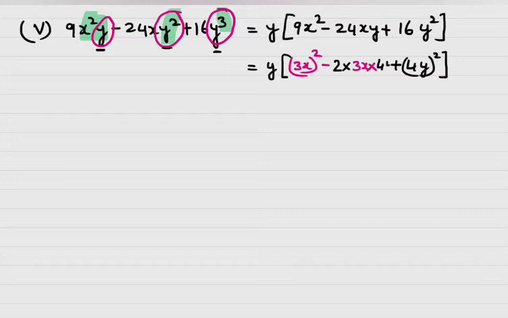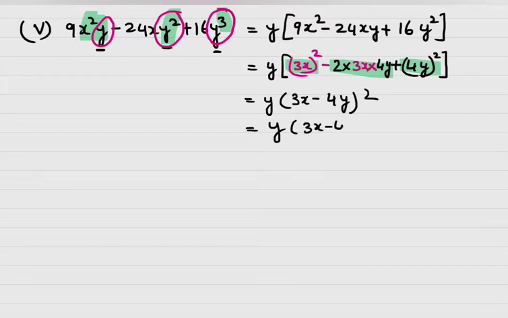So you can see here a square minus 2ab plus b square. So this is nothing but a minus b whole square. So you will get y into 3x minus 4y whole square, which can be written as y into 3x minus 4y multiplied by 3x minus 4y.